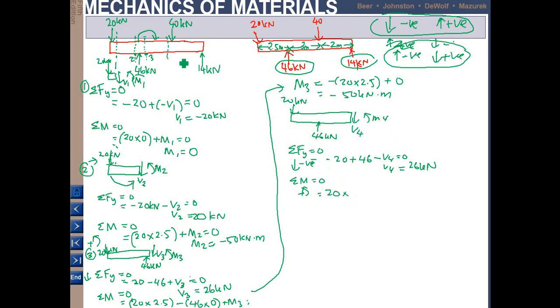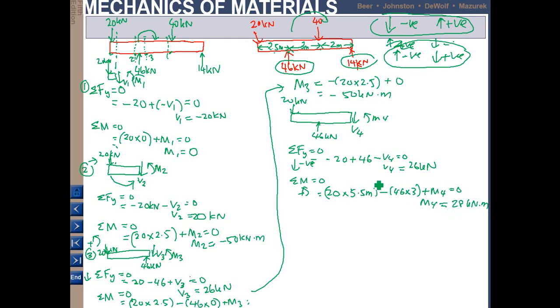So 20 from here to here, it is equal to 2.5 plus 3, which is 5.5 meter, and then you minus 46 kilonewton times 3, because the direction of this point B is going this way, which is opposite, and then you plus M4 equal to 0. So M4 you will get the value is 228 kilonewton meter.